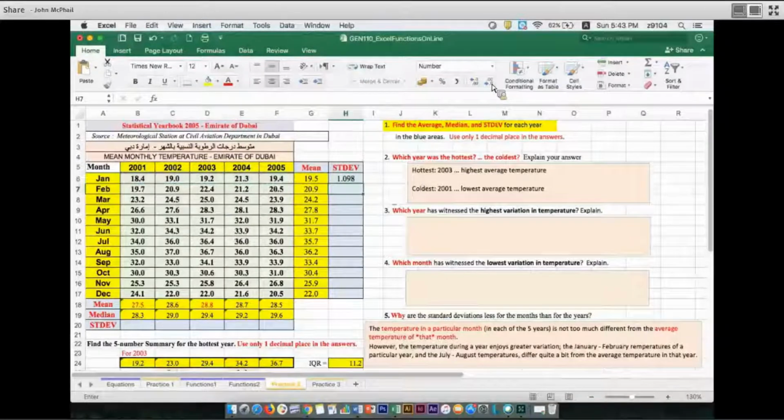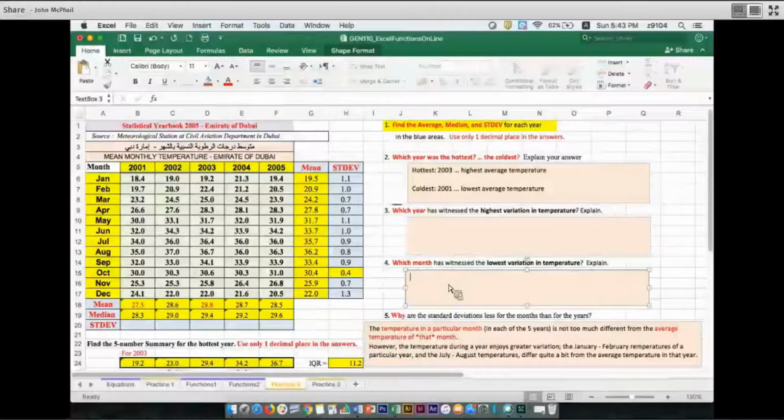Press enter. And the standard deviation is a small number. This is not surprising. For example, the lowest standard deviation occurs in October, 0.4. That's the answer to question number 4, October.